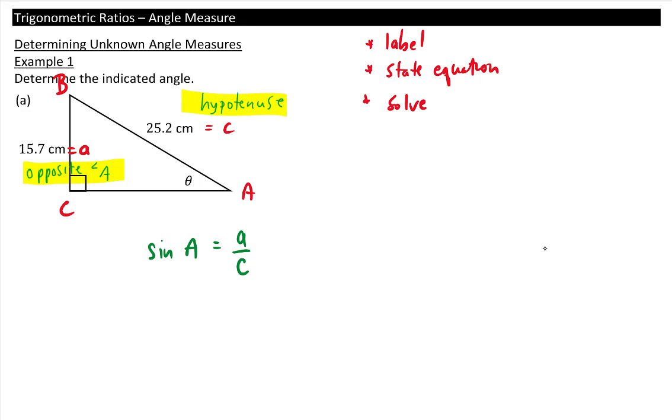Now that we've stated our equation, we need to substitute in our values and solve. So for this one, we get sine of A is equal to 15.7 over 25.2.